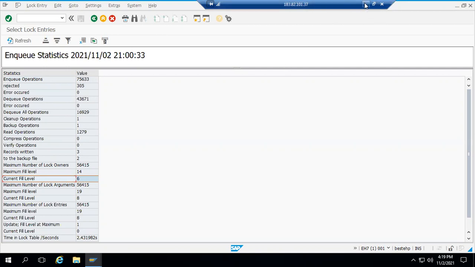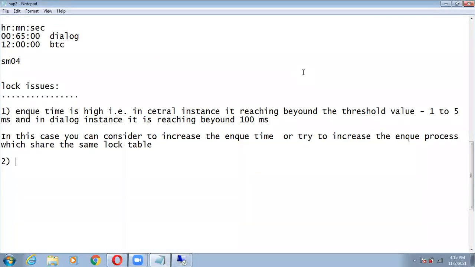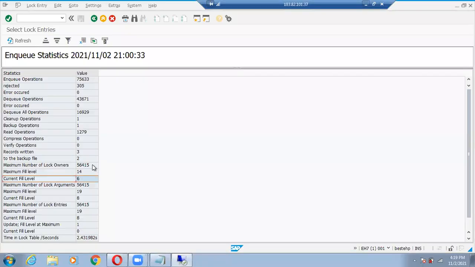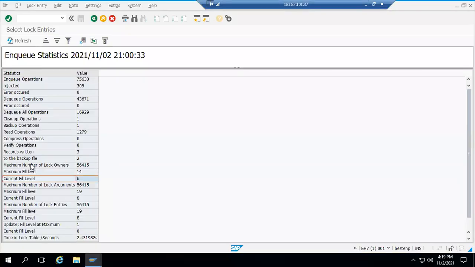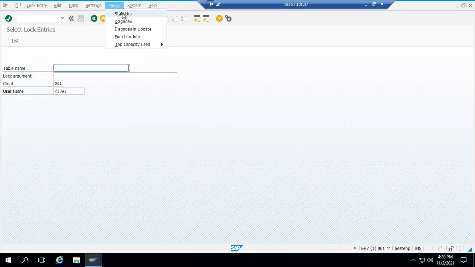Just like I told you in one of the classes about the bottleneck, you need to monitor these NQ statistics and the current fill level. Maximum fill level is 19 and the current fill level is 8. Similarly, go to SM12, come to Extras and click on Statistics.